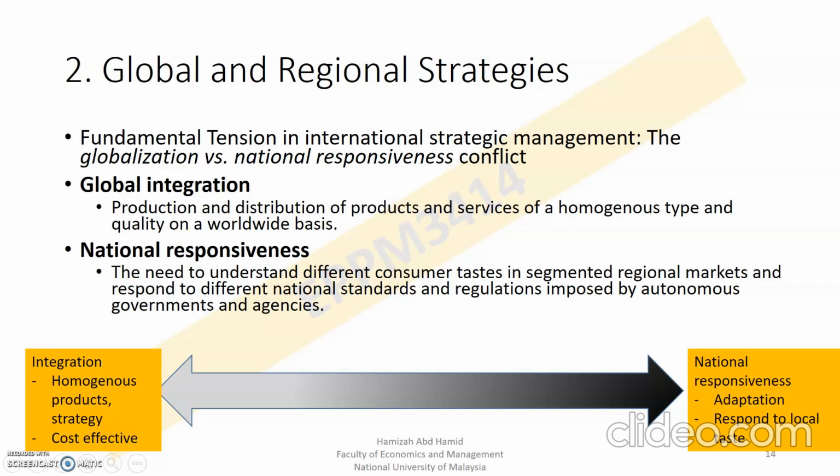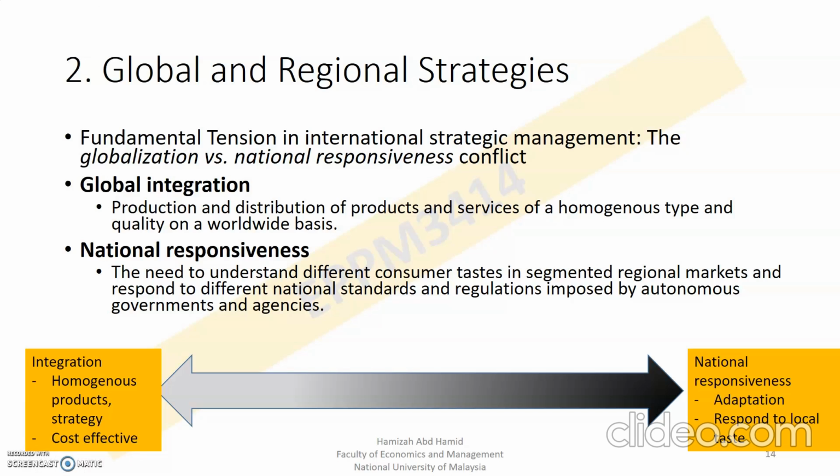Therefore, the fundamental tension in international strategic management is to choose between globalization and national responsiveness. Globalization, or global integration, is when production and distribution of products and services of a homogeneous type and quality is done on a worldwide basis.